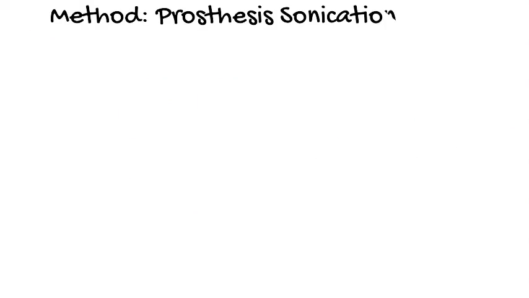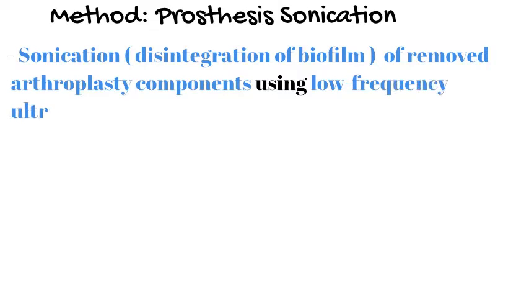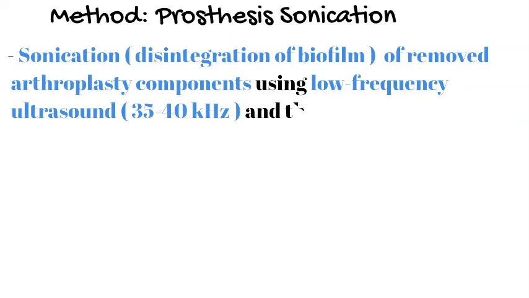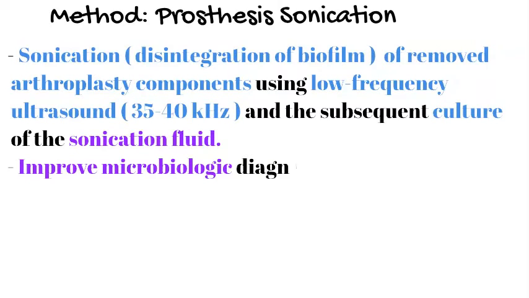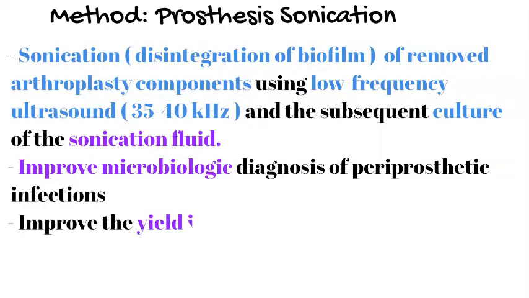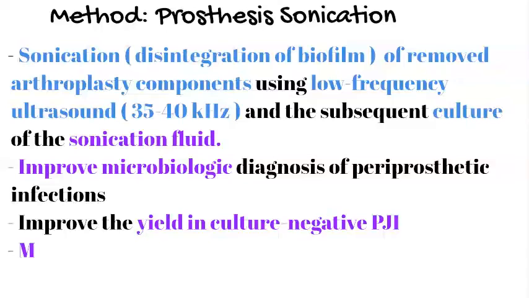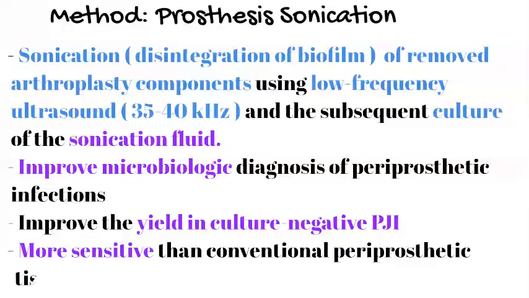One of the methods to confirm a prosthetic joint infection is prosthesis sonication. Sonication means disintegration of biofilm of removed arthroplasty components using a low-frequency ultrasound, around 35 to 40 kHz, and the subsequent culture of the sonication fluid.